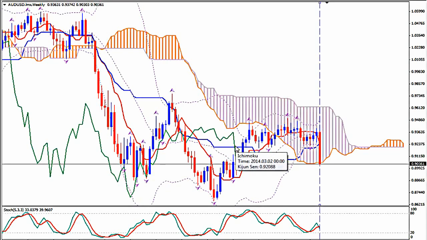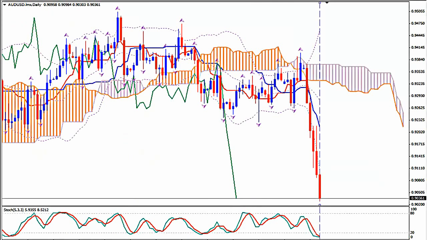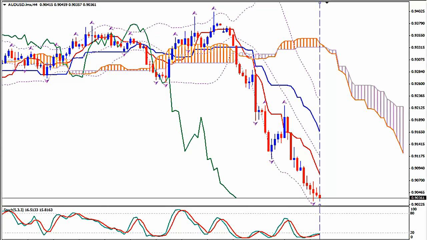It is already below the Kumo, so it will validate the Kumo breakout. Second entry condition is met. Third entry condition on daily, I want to see a 100% bearish picture, and I see it. And the fourth entry condition on H4 is to wait for a correction.